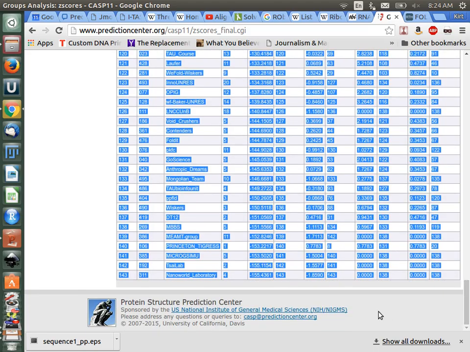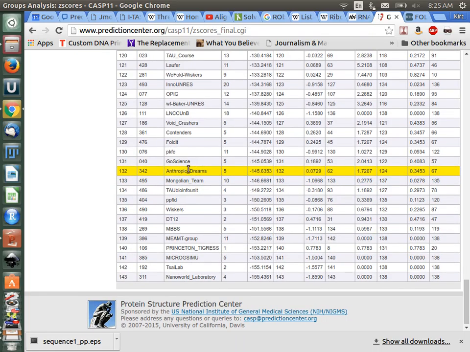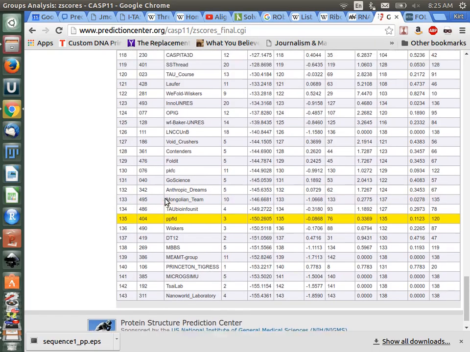Right here. 129 out of 143. Good for them. Where's Mongolian? Oh yeah, Mongolian here. And actually, some of these are other ones within Foldit. Like Anthropic Dreams right here is a team using Foldit.